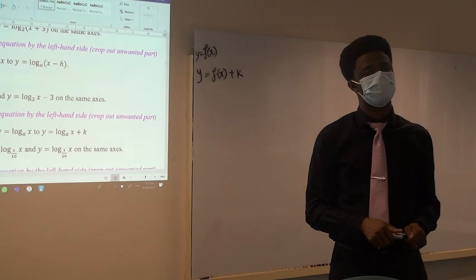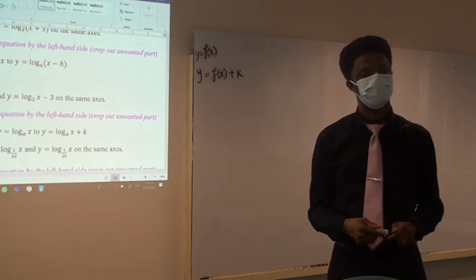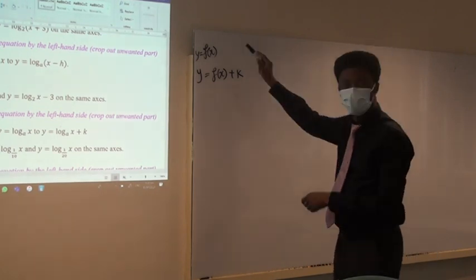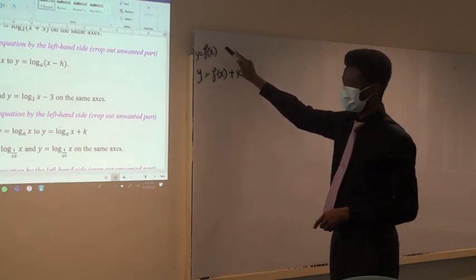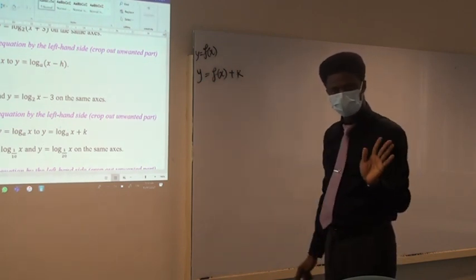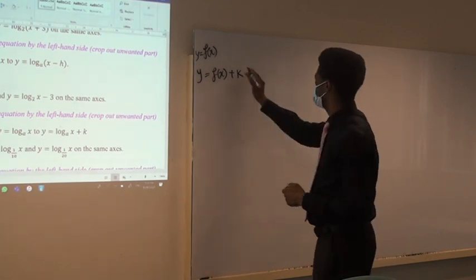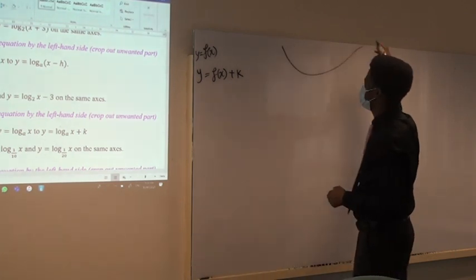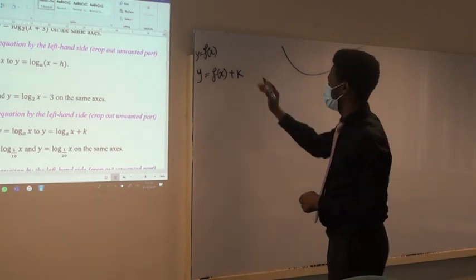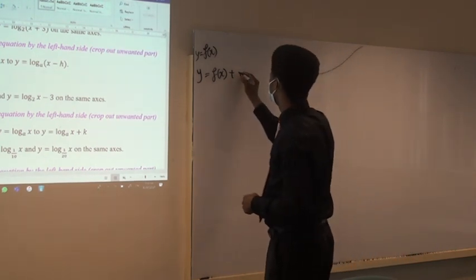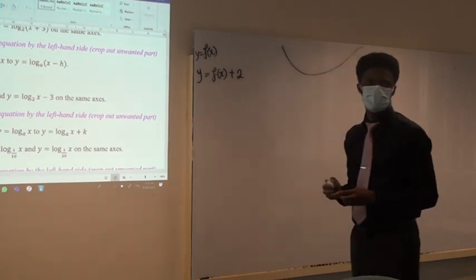Ryan? Can you repeat the question? Okay. It's here, not here. This is a function f of x from what we have done before. This is a new function. So maybe the graph of f of x is this. Now I need the graph of f of x plus 2. How can I get it?